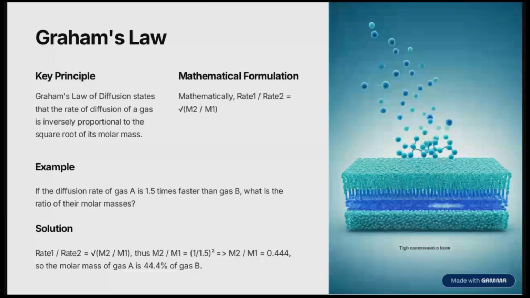So as the speed at which diffusion occurs increases, the square root of the molar mass decreases, and if the other decreases, it will increase.